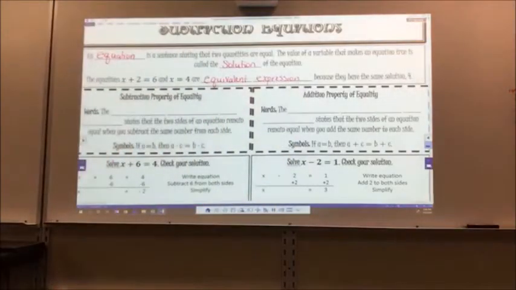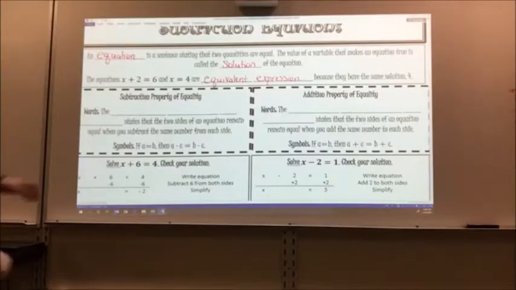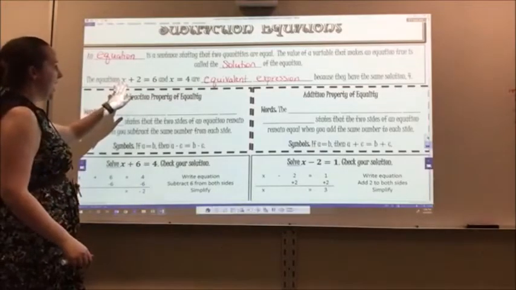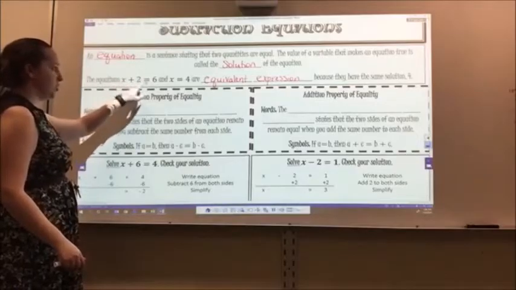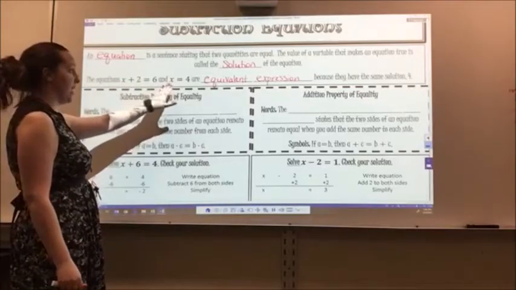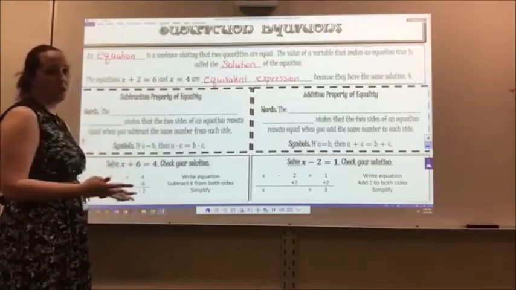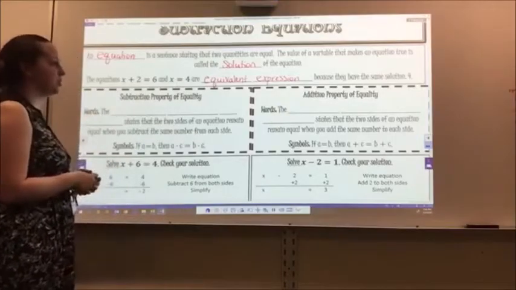So the equations x plus 2 equals 6 and x equals 4 are equivalent equations because they have the same solution, 4. If I put 4 in for x, 4 plus 2 would give me 6, and if I put 4 in for x here, 4 equals 4, so they give me the same solution.